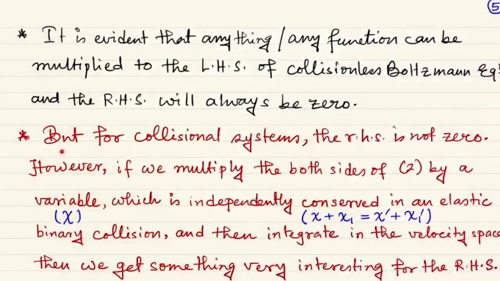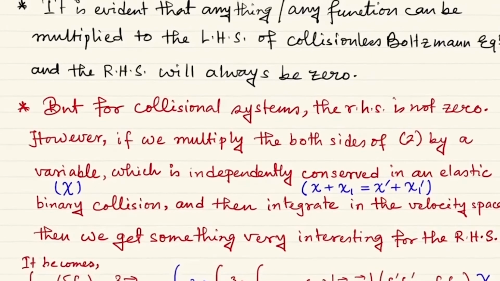So for collisional systems, the RHS is not automatically 0. However, we can multiply both sides of the collisional Boltzmann equation by a variable, chi, which is an independently conserved quantity in an elastic binary collision, for example.